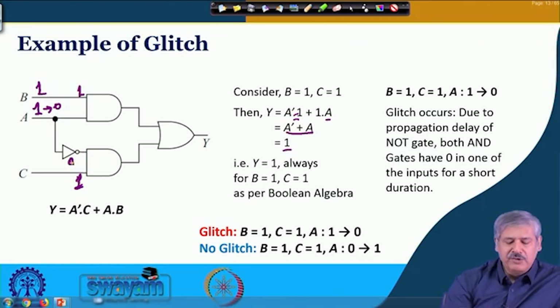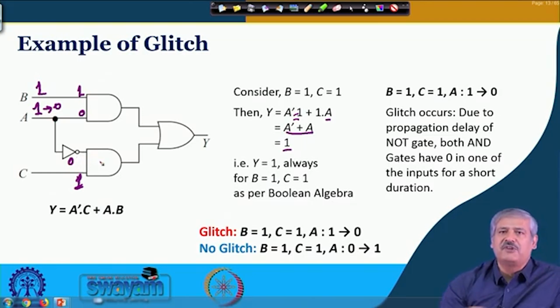Now, when A goes from 1 to 0, immediately this input is becoming 0 at that time point, but this NOT gate output will not go to 1 immediately because of the propagation delay we had considered in the previous slide. So, it will go to 1 after some time, right.